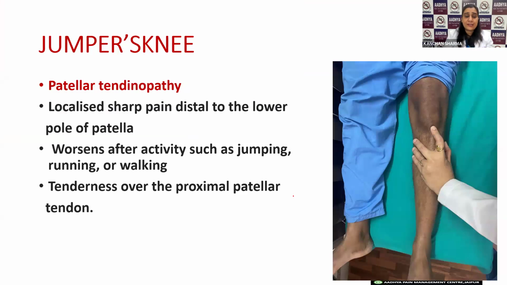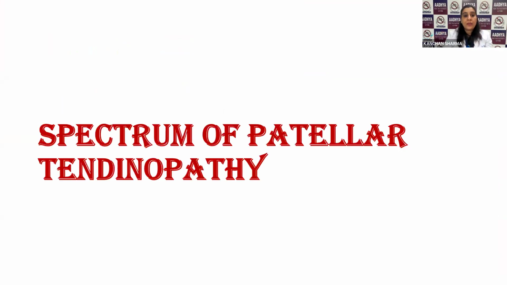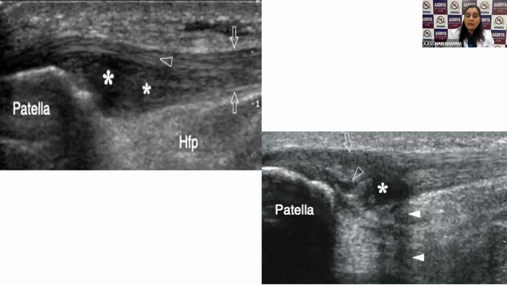Second is jumper's knee. We do call it patellar tendinopathy. These patients will be coming to you with pain around the patellar tendon, and it will get worse after jumping, running, walking. Then what all can you see? Even the tendinosis. You might be able to see a tear. Treatment remains the same.